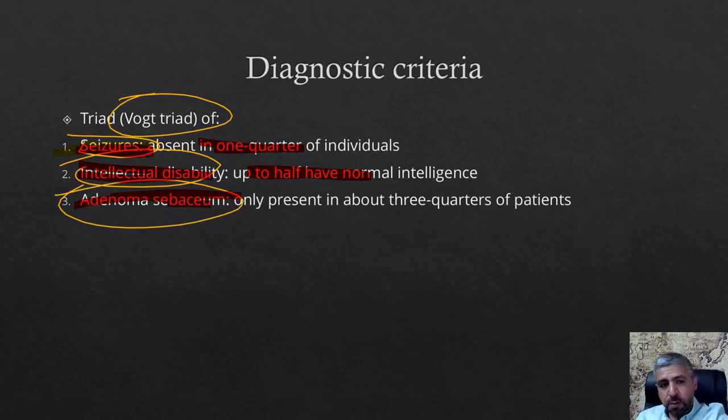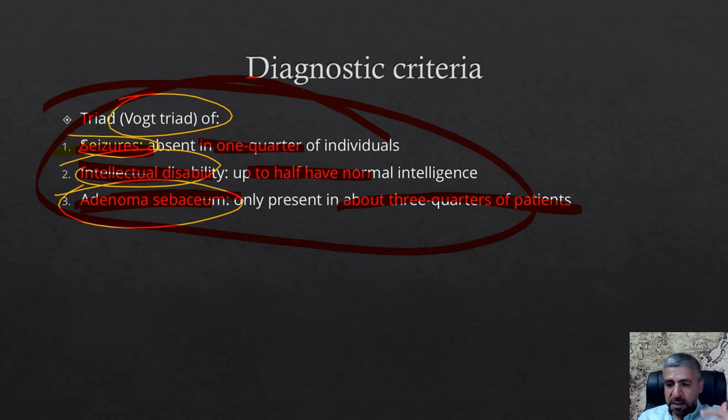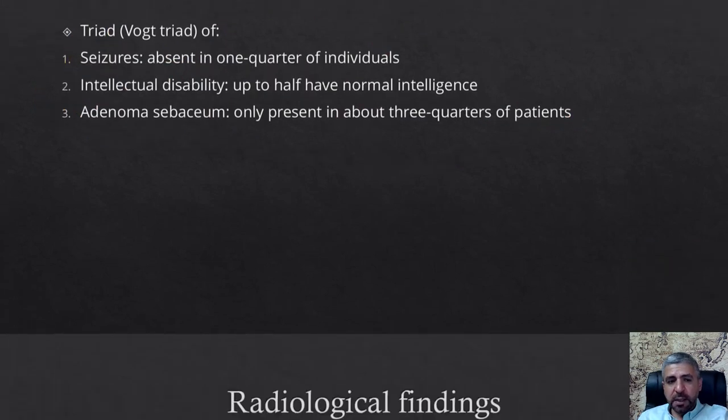Adenoma sebaceum, which is basically some papules around the nasal area, is present in about three quarters of the patients. So not all patients have all of the findings, but if a patient has all of the findings, then this is diagnostic for tuberous sclerosis.